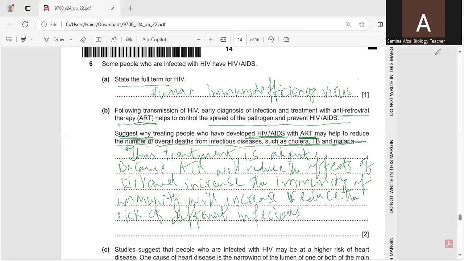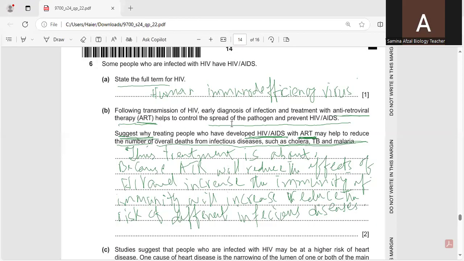Due to the decrease in infectious diseases, the person can live a better life, because HIV is not working properly in that case. So infectious diseases such as tuberculosis, cholera, and malaria will be less effective in that case.